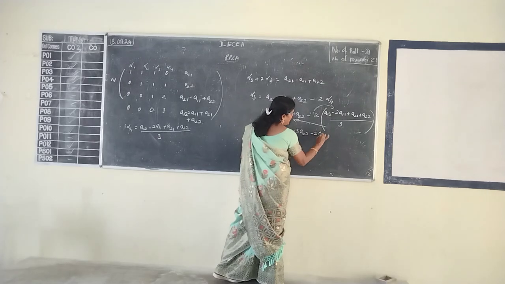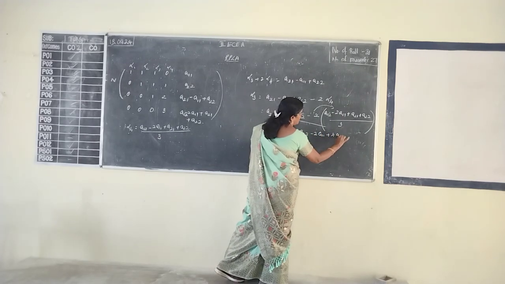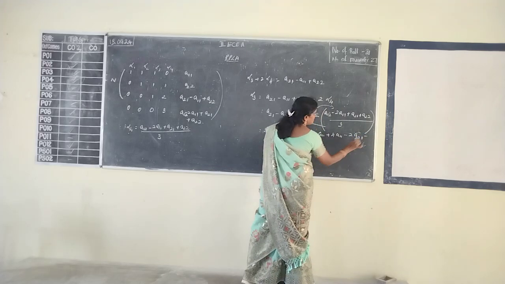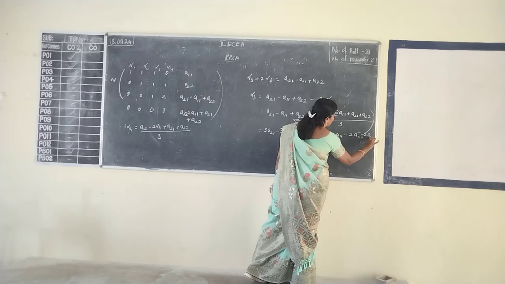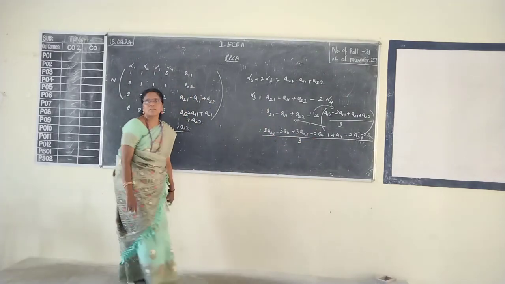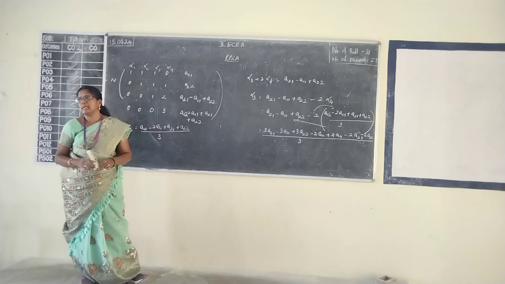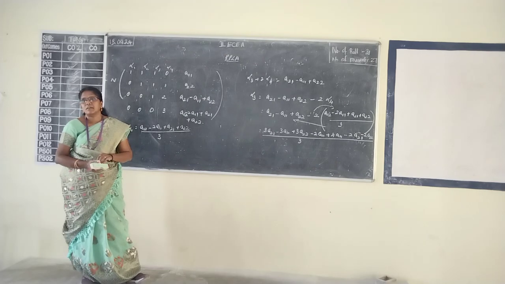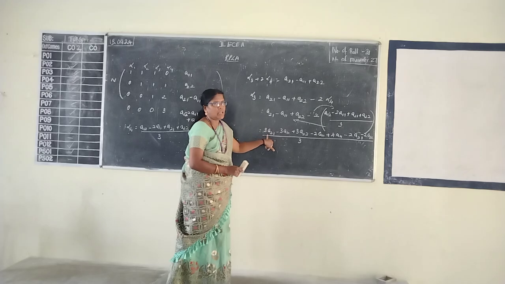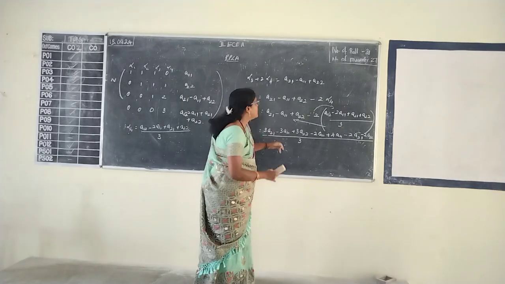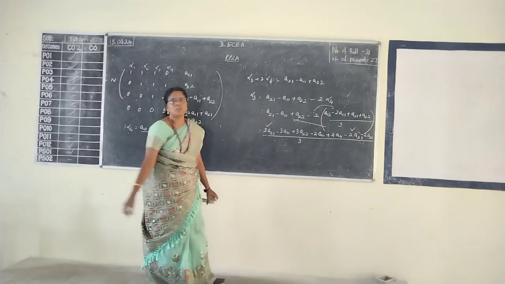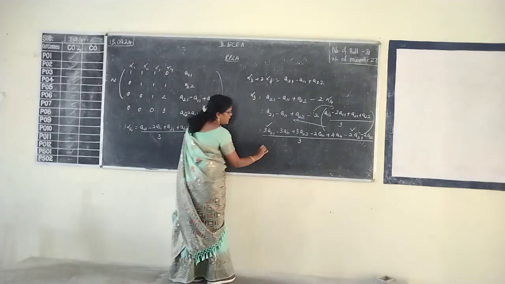So minus 2a12 plus 4a11 minus 2a21 minus 2a22, the whole thing divided by 3. Now club the common terms. Common terms are a21. Any other a21 is there? Minus 2. Yes. This is 3 and this is minus 2. What is 3 minus 2? 1. So we get a21.